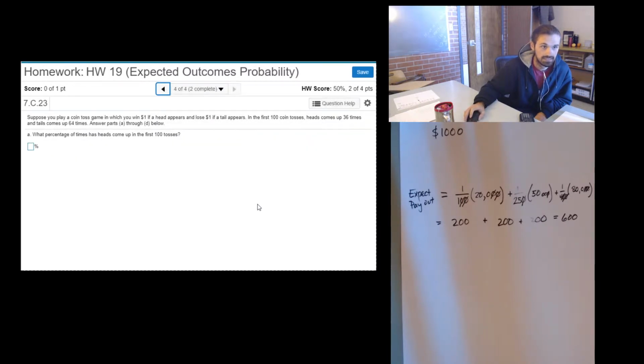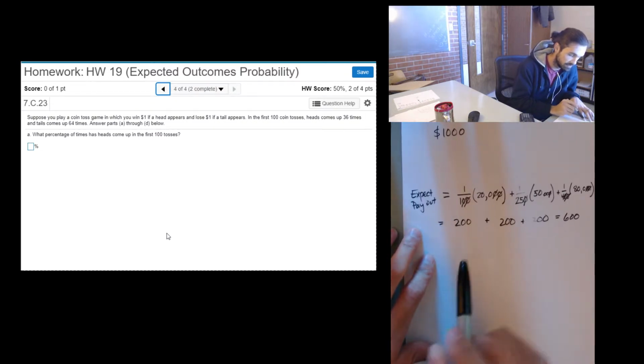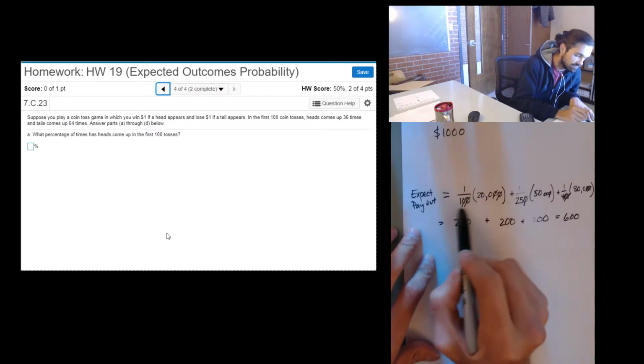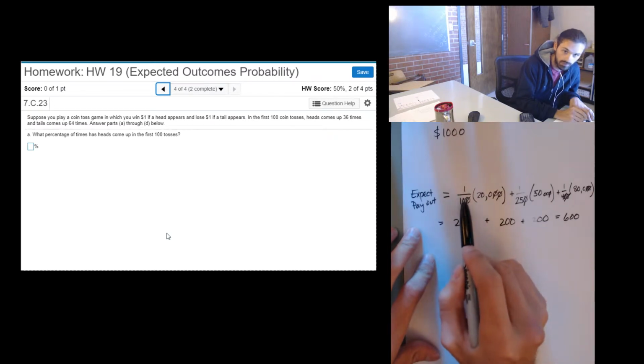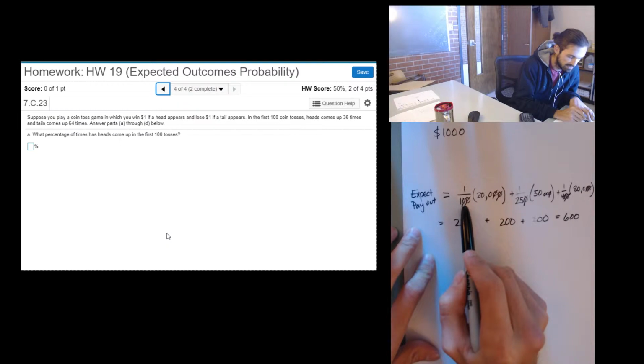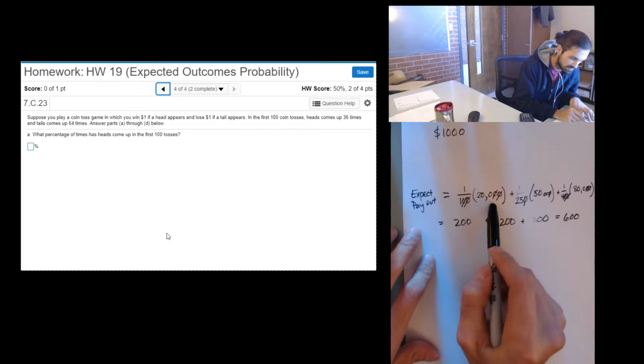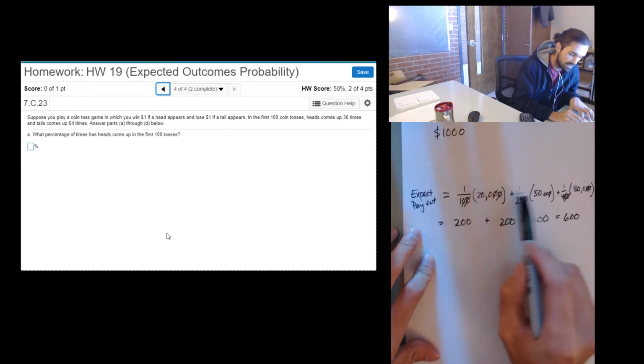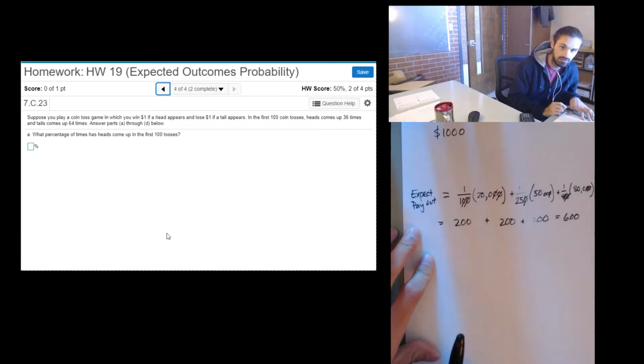So this is the basics for doing an expected payout. You're taking a probability and multiplying it by the potential payout. So probability multiplied by the potential payout, and then we do that for every potential claim that could be filed.